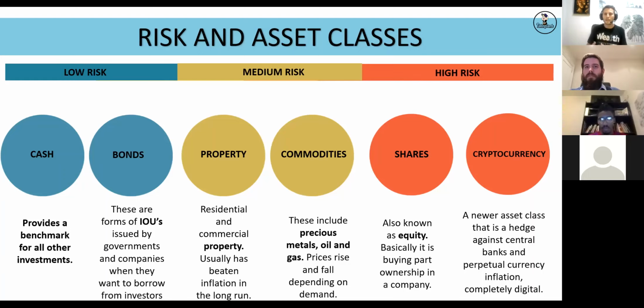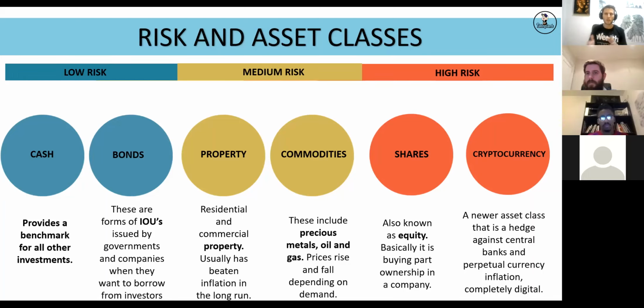Then we move into medium risk asset classes, such as property and commodities. So we're all familiar with properties. You have your residential property or property investment. We're speaking from a property investment perspective now, that it can be high risk if the economy is taking a turn for the worse.